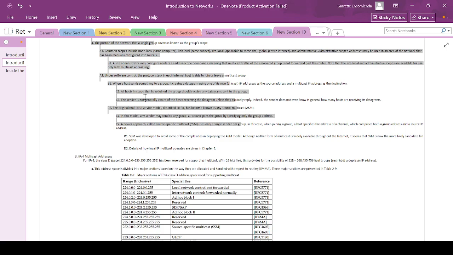Administrative scope addresses may be used in an area of the network that has been manually configured into routers.